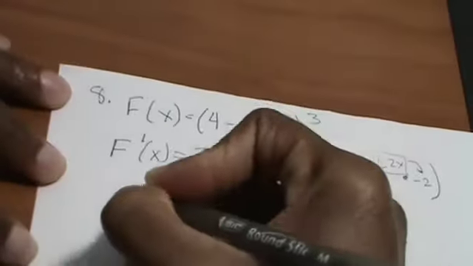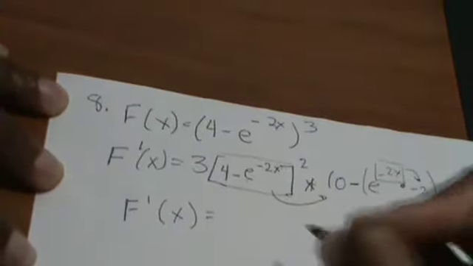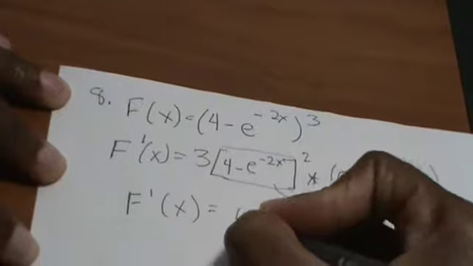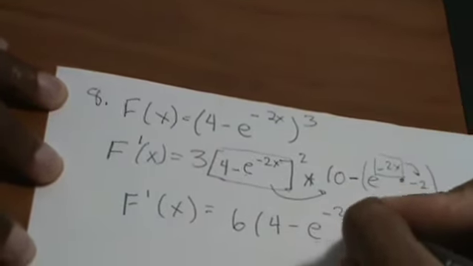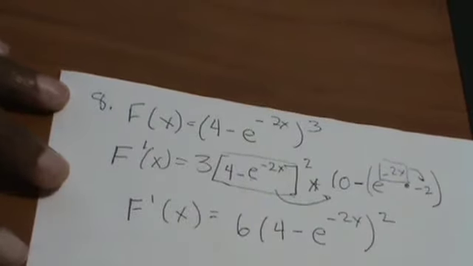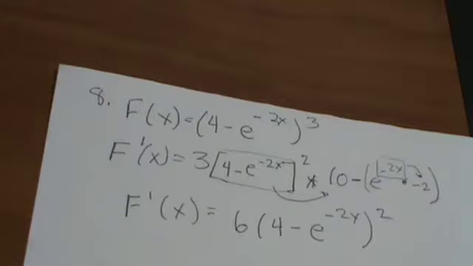So capital F prime of x then equals 6 times 4 minus e to the negative 2x, quantity squared. Let's move now to problem number 9.